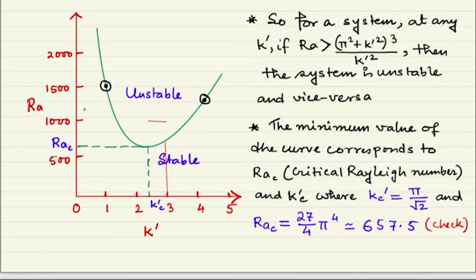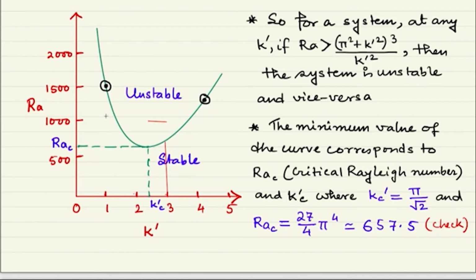If the horizontal length scale is decreased gradually, that means the horizontal wave number is increased gradually, for a system whose Rayleigh number is greater than the critical Rayleigh number, first it is stable for very small values of k.